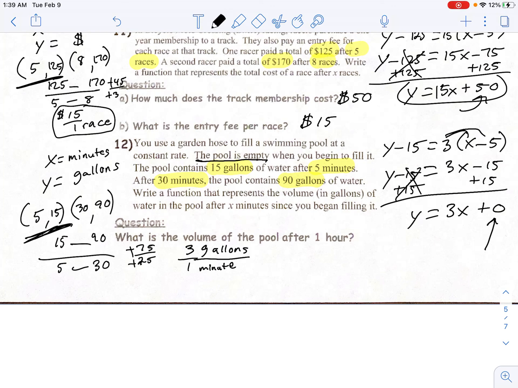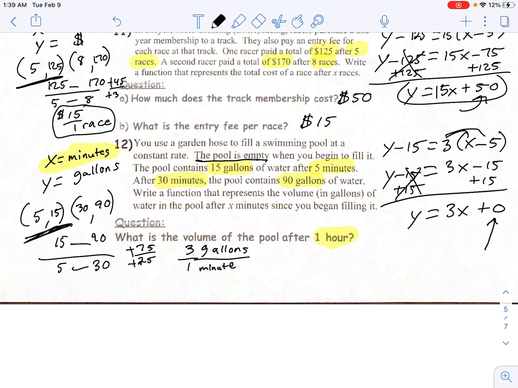Now, obviously, the question says, what is the volume of the pool after 1 hour? Okay, so you don't have hours in your labels, but you do have something that's associated with an hour.